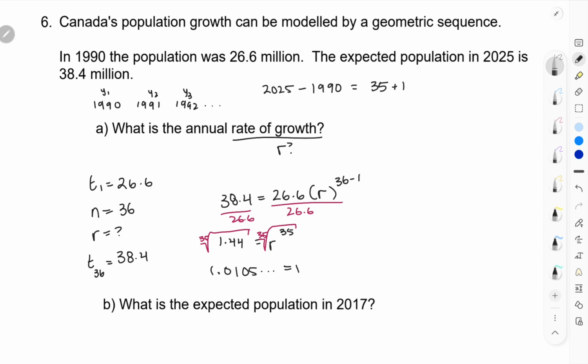We want to keep as many decimals in our calculator if we want to use this number again. But this means that my R value is about 1.01, which is approximately 1% growth per year. Right, times 100 is 101%. It means the value that I have each year is 1% more than the value I had in the previous year.